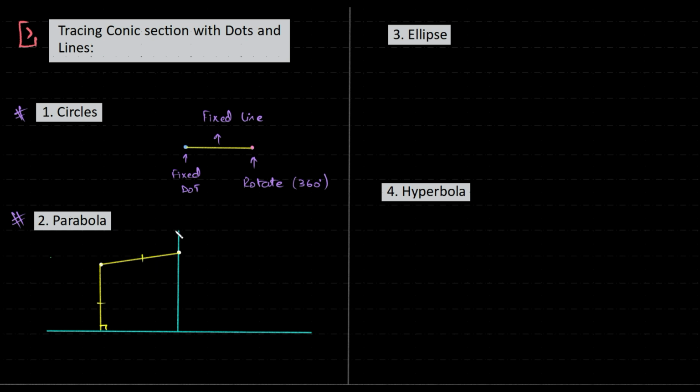So here the conditions are the following. This is a fixed dot, this line is a fixed line. So this is 90 degrees. These two lengths have to be the same.